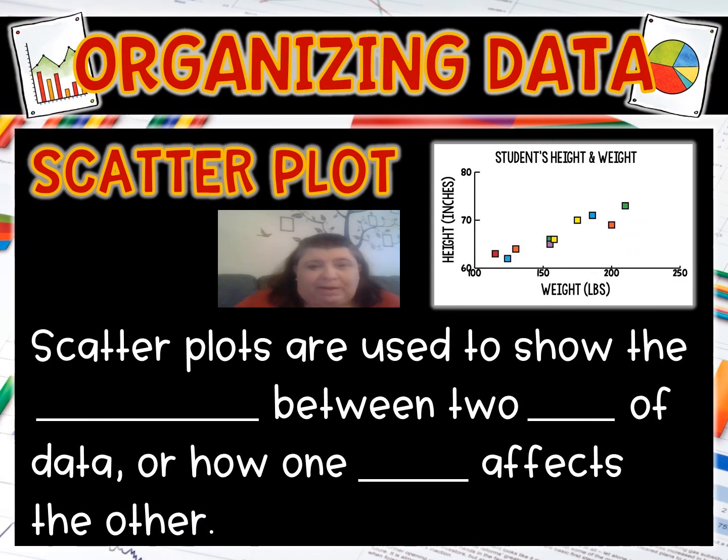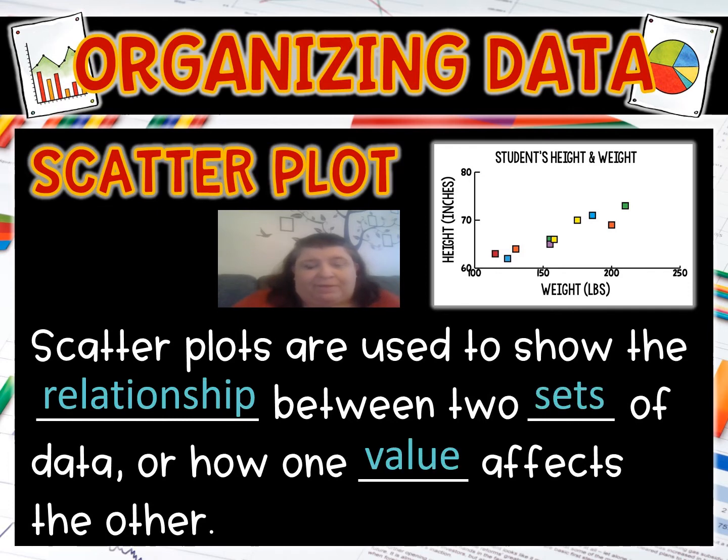Then on this one, we have a scatter plot. Scatter plots are used to show the relationship between two sets of data or how one value affects another. So we can look and see we have a student's weight and a student's height, and we can plot all that data just on a scatter plot.